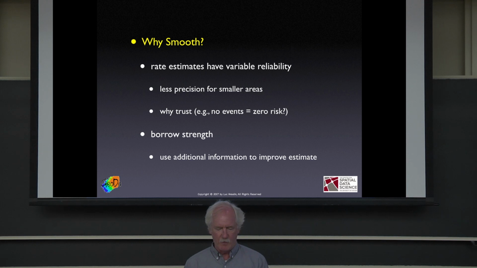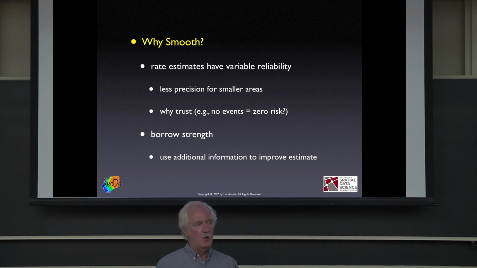A lot of you are not familiar with Bayesian statistics, but it basically means, why trust my estimate in my little county when there's all this other information out there from other studies or other larger reference areas that tell us something about what the true unobservable risk might be? And we know that our estimate for our small area is very imprecise. So can we do better?